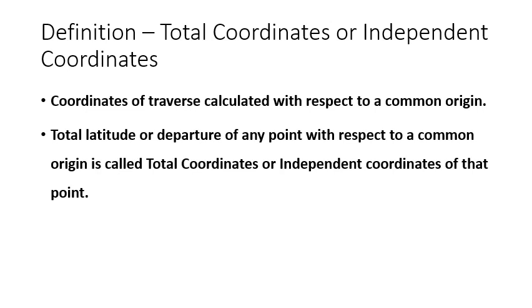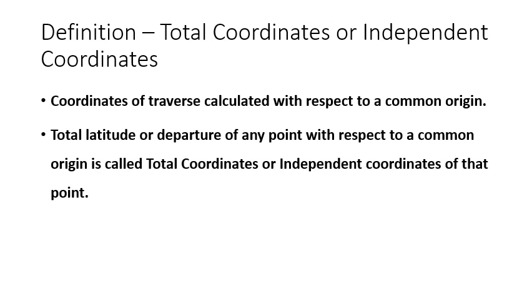If you want to find out the coordinates like that, then that is called total coordinates or independent coordinates. Because the position of Ernakulam is not depending upon the position of Alappuzha, and the position of Malappuram is not dependent on the position of Thrissur. All the coordinates depend equally on one common origin. That is the speciality of independent coordinates or total coordinates.